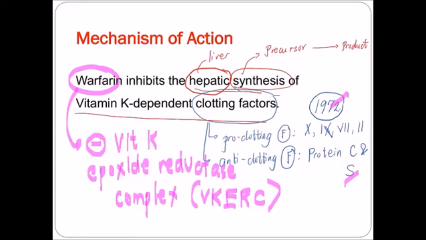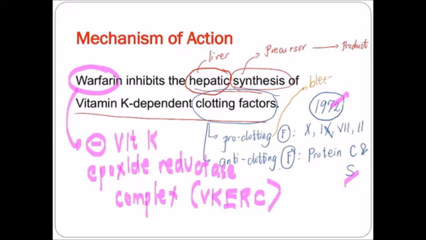So let us continue. Since you were able to understand that warfarin inhibits synthesis of both pro and anti-clotting factors, what would you conclude? Ang mako-conclude natin dito is that, number one, by blocking the pro-clotting factor production, warfarin causes bleeding.